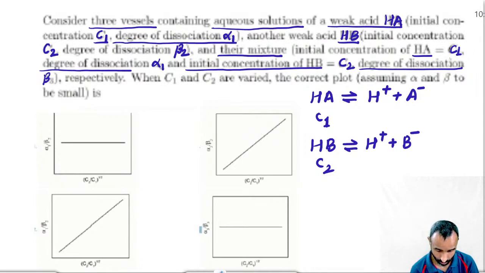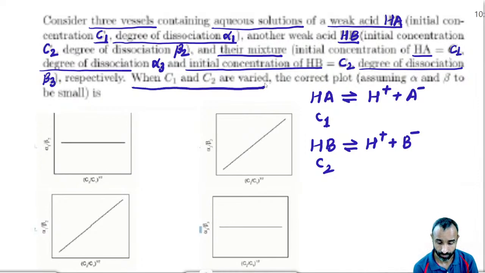Sorry, it is alpha 3. When they mix together, now the degree of dissociation is alpha 3 and it is beta 3. So when C1 and C2 are varied, which is the correct plot, assuming alpha and beta to be small.